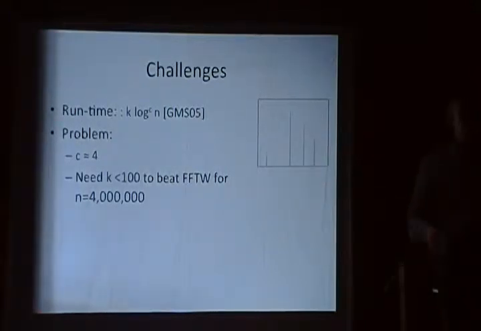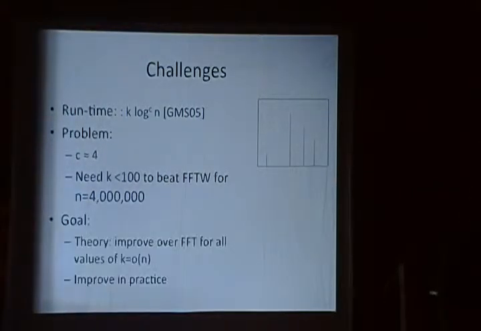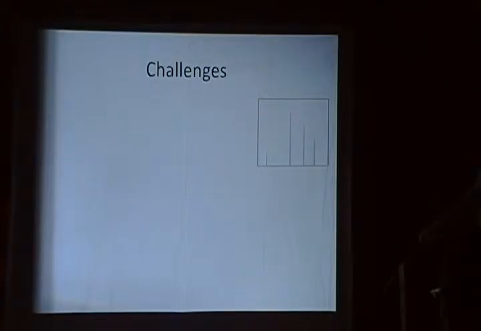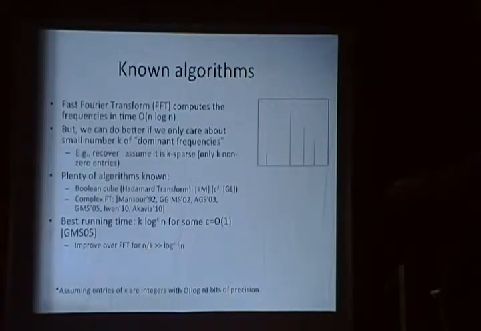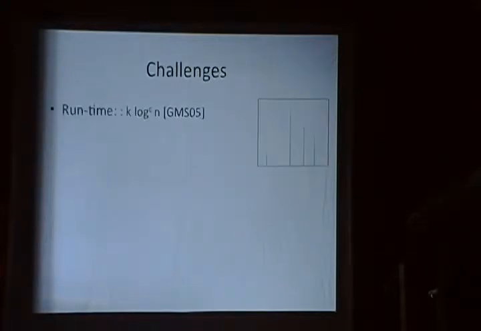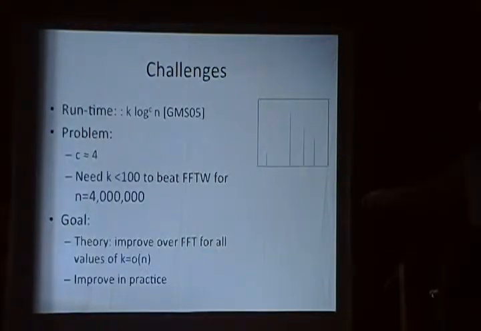So that's exactly what we wanted to focus on when we started working on these problems a few years back. And our goals were twofold. The first goal was in theory: we'd like to improve over FFT for all values of k, for all values of sparsity. So not only for sparsity up to n over polylog of n, but we'd like to have a nice statement that we improve over FFT for all values of k.